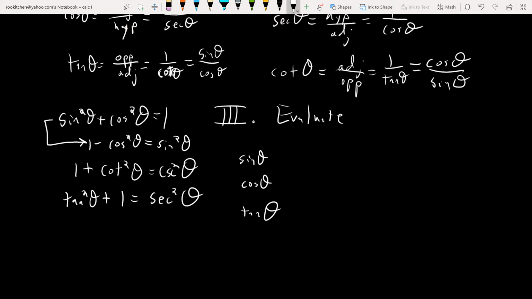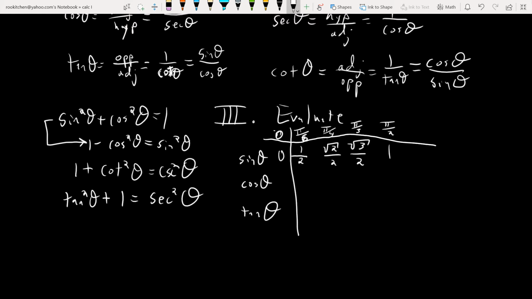Sine goes: radical 0 over 2, radical 1 over 2, radical 2 over 2, radical 3 over 2, and then 1. The angles are 0, pi over 6, pi over 4, pi over 3, and pi over 2. I should have drawn that out a little better. Oh well.